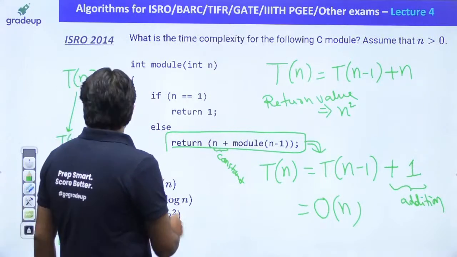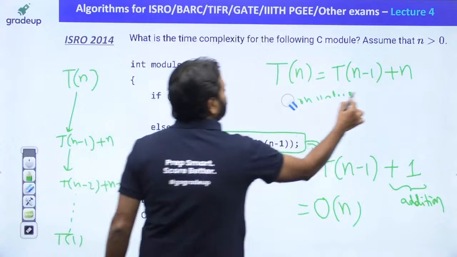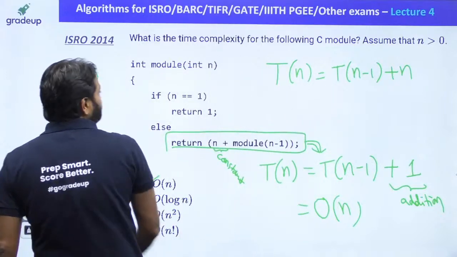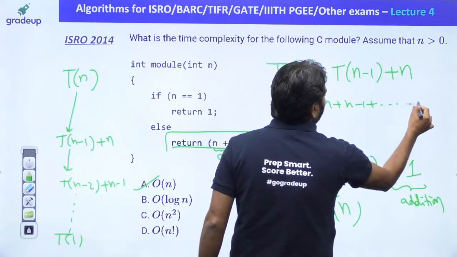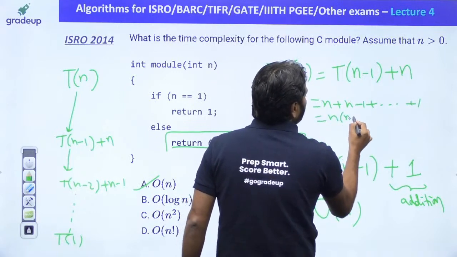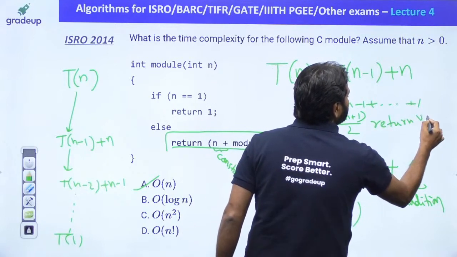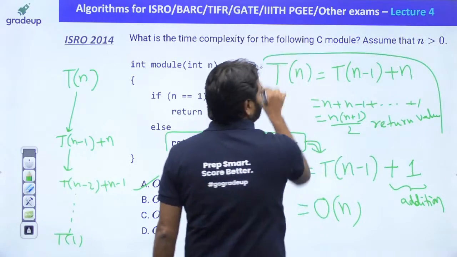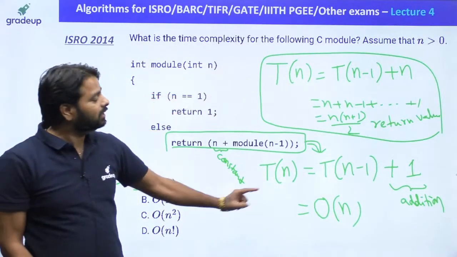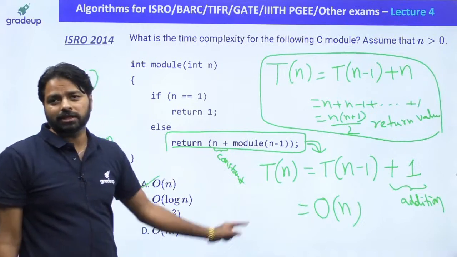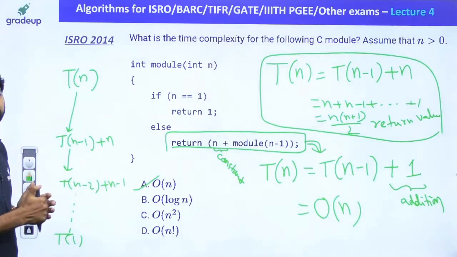That is the return value, not a complexity. That is the return value recurrence relation, and this is the time complexity recurrence relation. Clear, everyone?